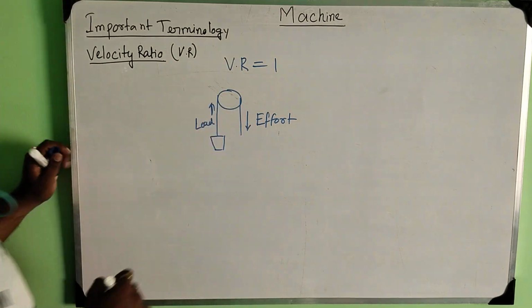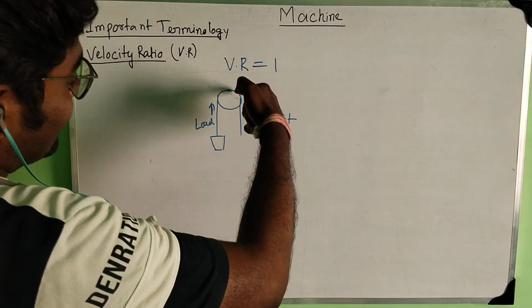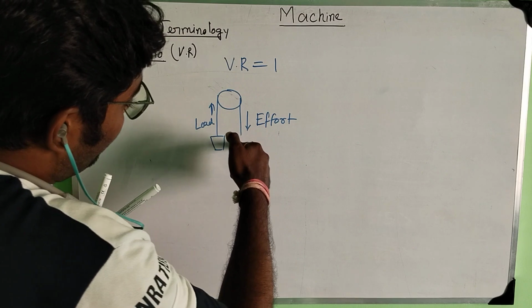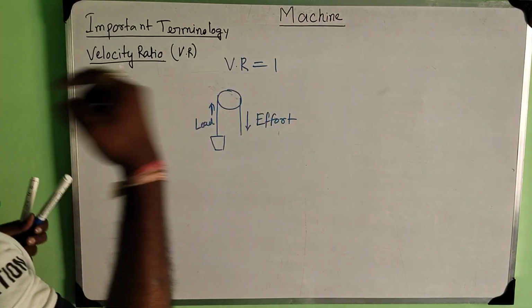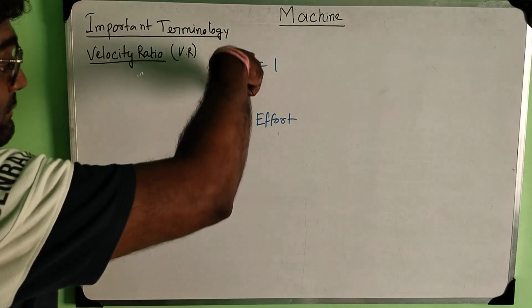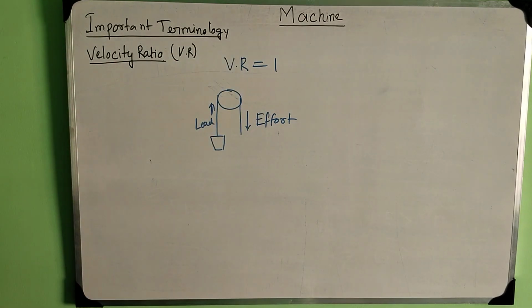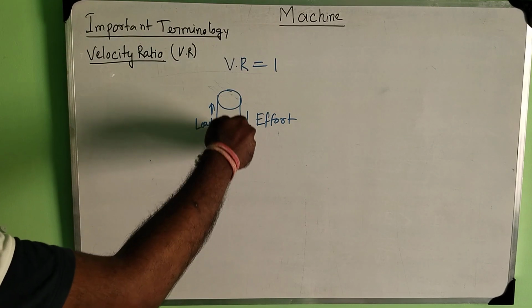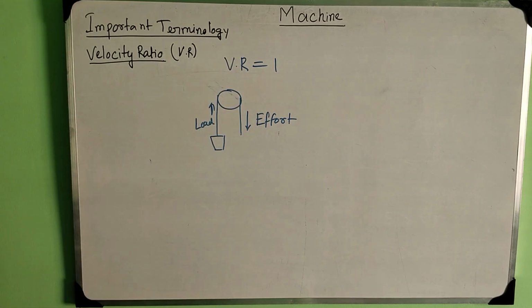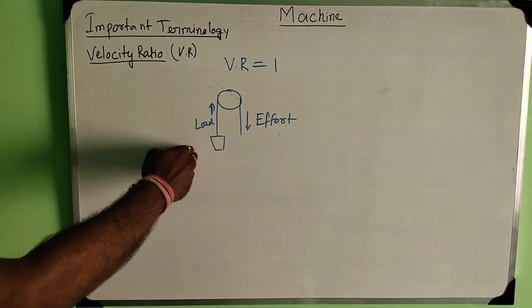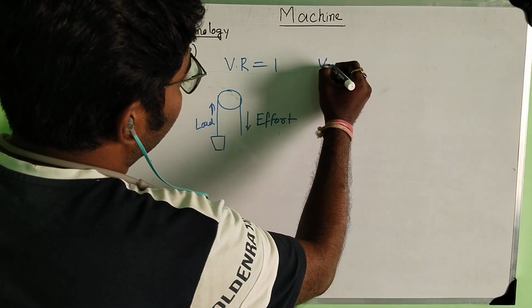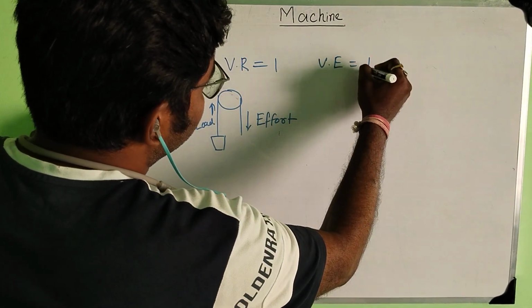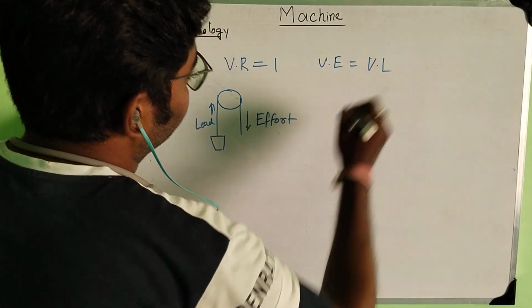Now see, as the string is moving downward, the bucket will move upward. The velocity with which the effort point is moving downward, with the same velocity the load will move upward. So here the velocity of the effort is equal to the velocity of the load.